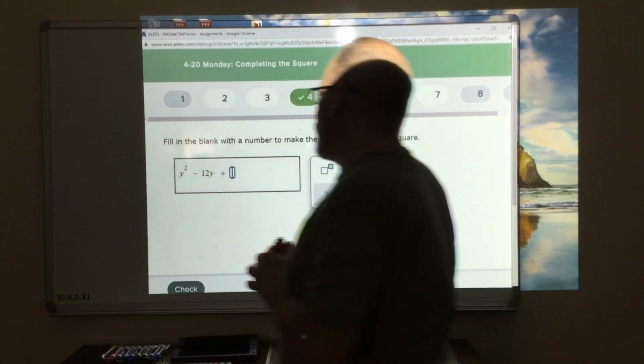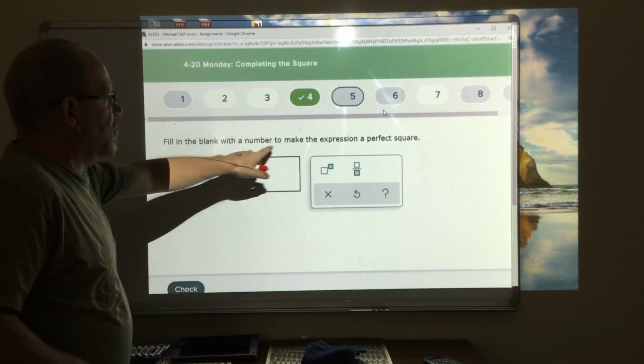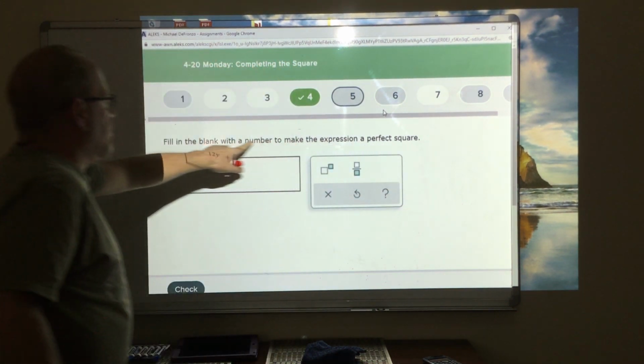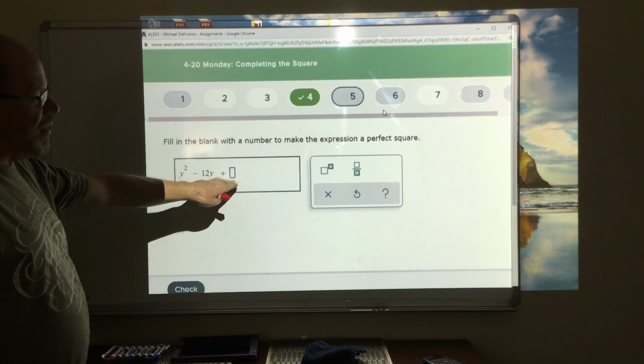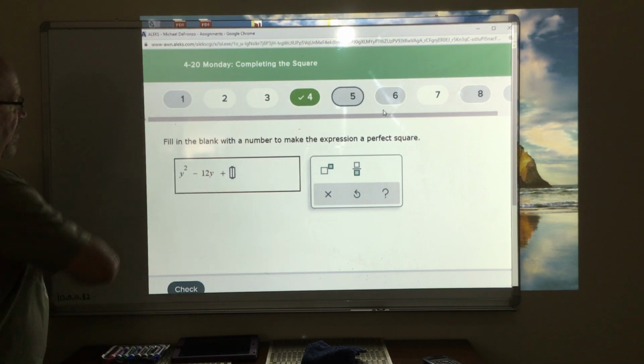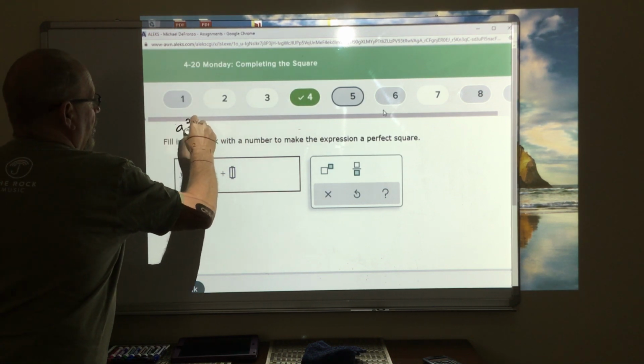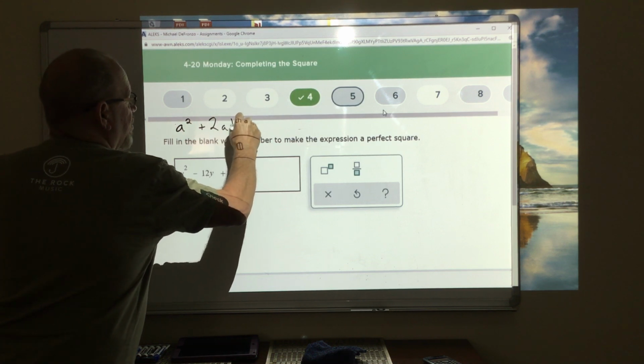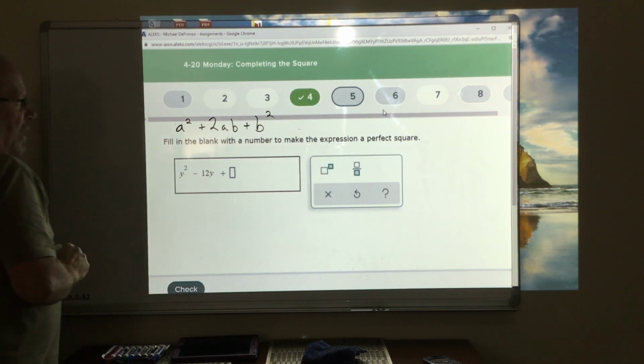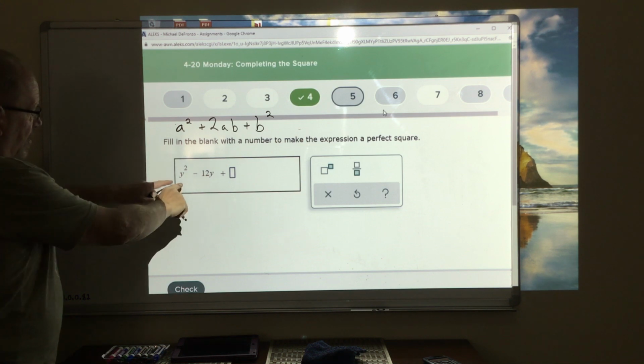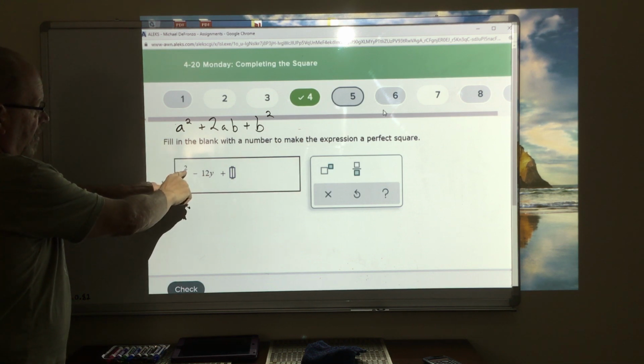Okay, what we're looking for, we're going to make it a perfect square. So we're going to make this like one of those problems that says a squared plus 2ab plus b squared. Here's our a squared.